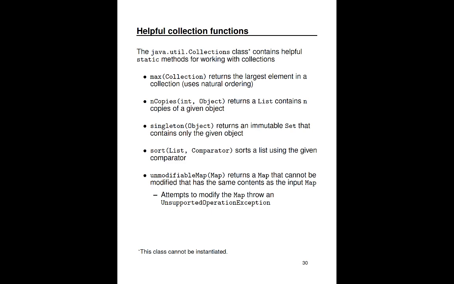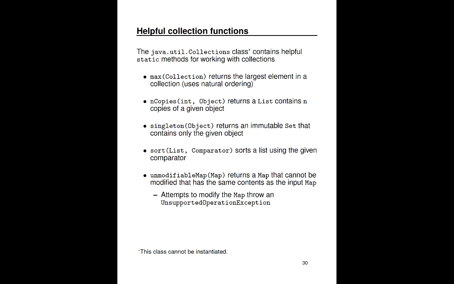This is good when you've got a set and you just want to send one object to it. It's also got a sort method that will take a list of objects and sort them using a particular comparator, because lists are not sorted. So if you want to convert between a list and a sorted set, you would use a method like the sort method here.